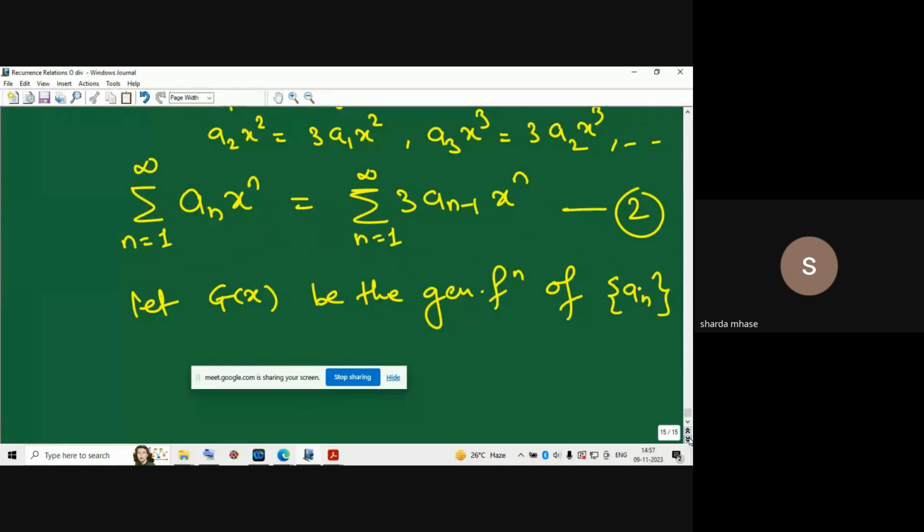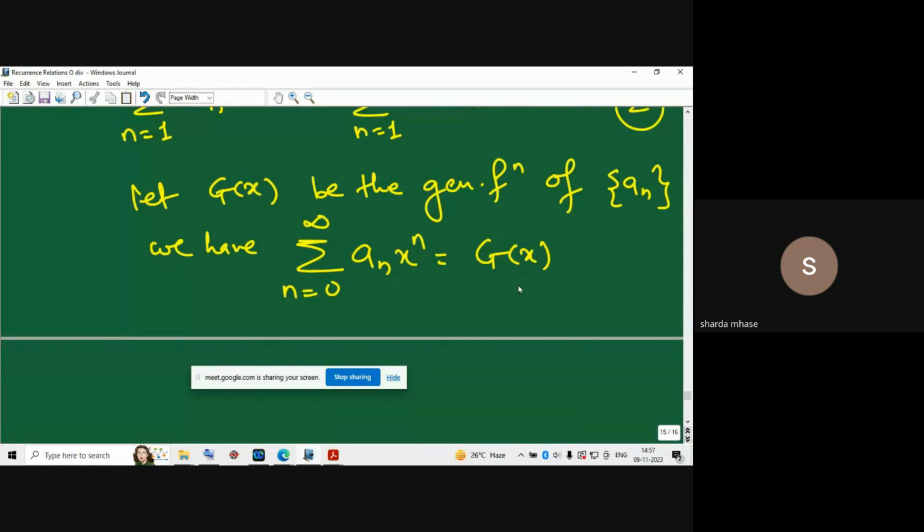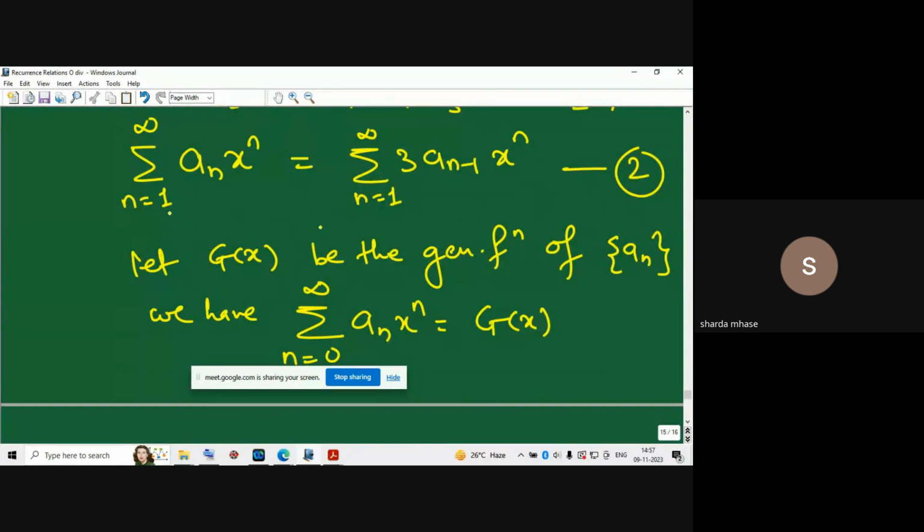With this definition, what I get is sigma n varies from 0 to infinity of a_n x to the power n is equal to g(x). But here n is varying from 0 to infinity, and you can observe that here n is varying from 1 to infinity. So it's just a matter of difference of one term.